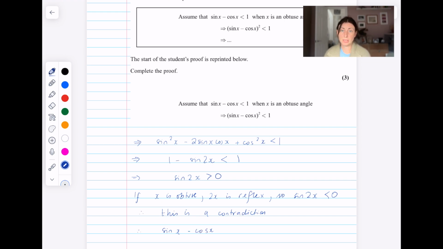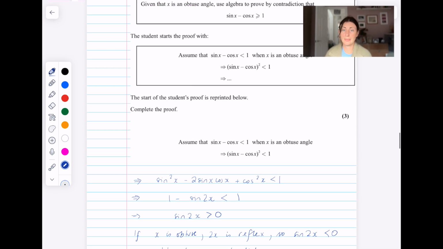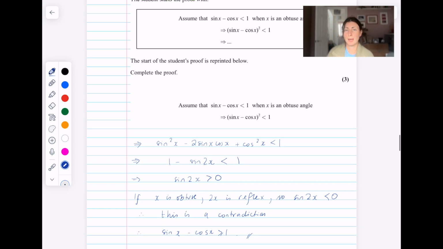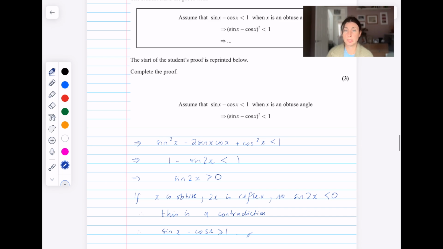This will be your contradiction, and therefore the original statement is true. If you didn't like it this way, you could have left it in terms of sine and cos x, and then thought about the obtuse angle, so between 90 and 180, thinking about the values of sine x and cos x then. Up to you.